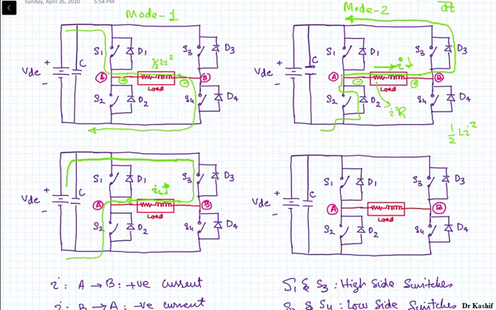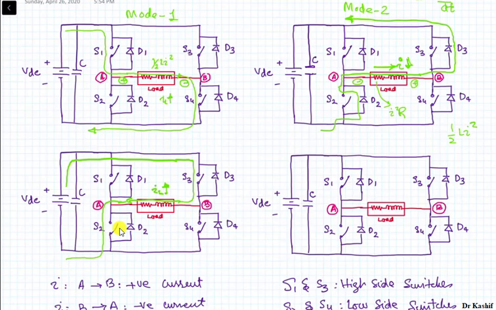In the second mode of operation, the current was the decreasing current, and in the first mode of operation, the load current was the increasing current. So now the current IL is increasing, but it is increasing in the opposite direction, so it is the negative current, right?